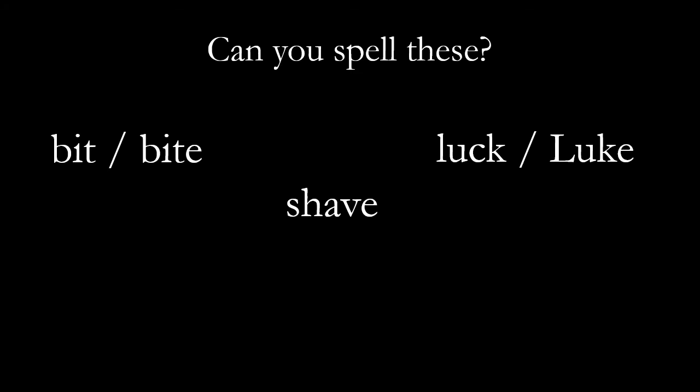Okay, so we have our digraph and then A, V, E, which is a V-E syllable. Your next one is scrape. Scrape. He fell off his bicycle and got a scrape on his knee. Ape. All right, let me show it to you.